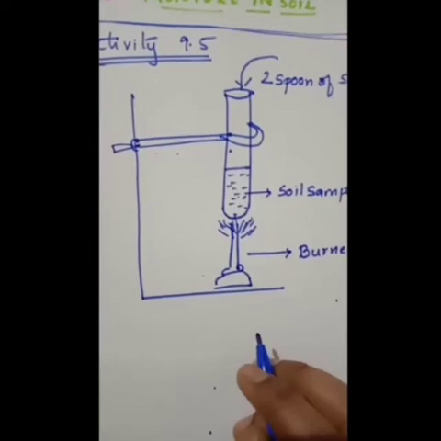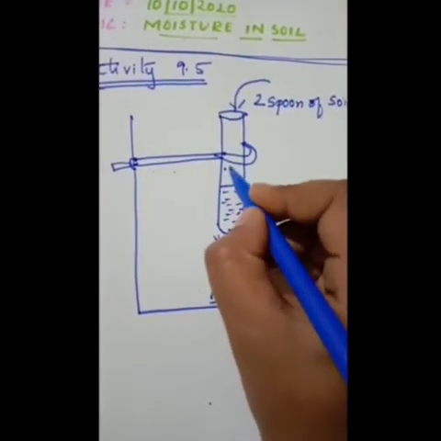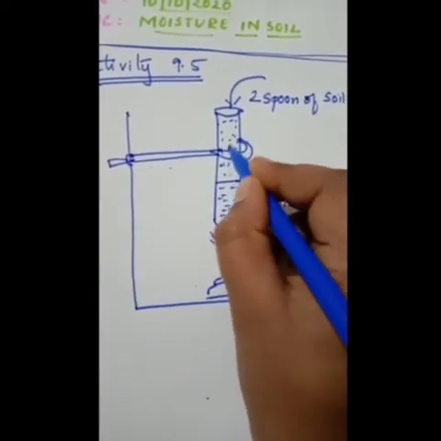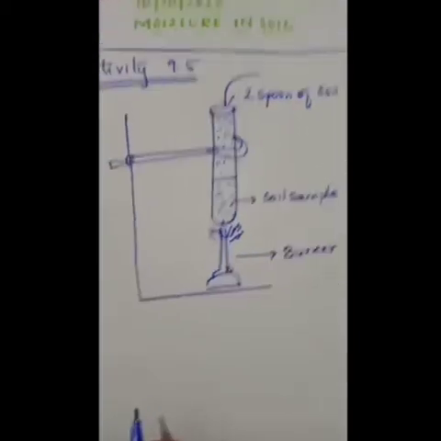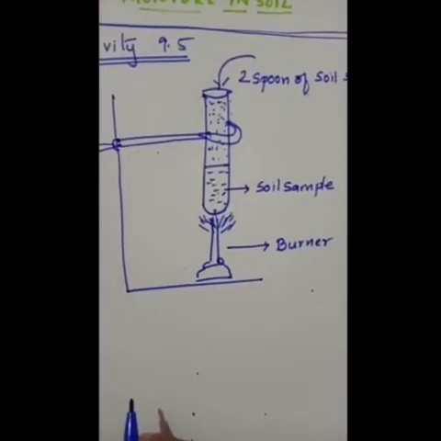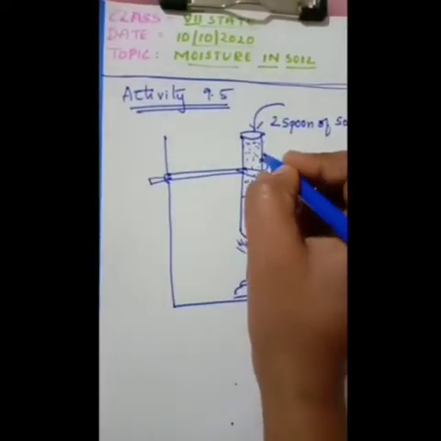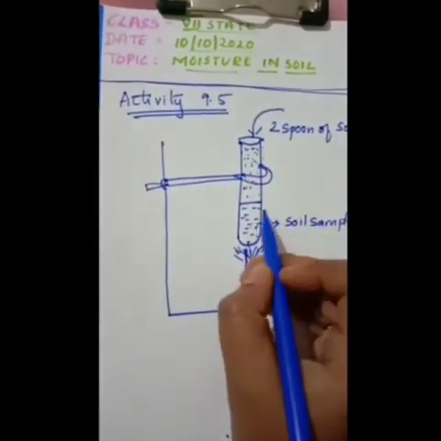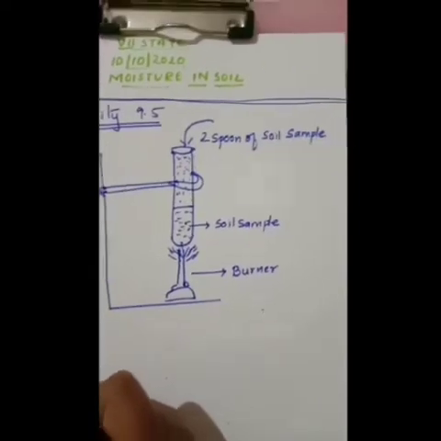Clear? So after boiling the soil, after some time, we can see water droplets on the space where there is no soil. So why is this happening? Because on heating the soil, the water or the moisture which is present in the soil gets evaporated.